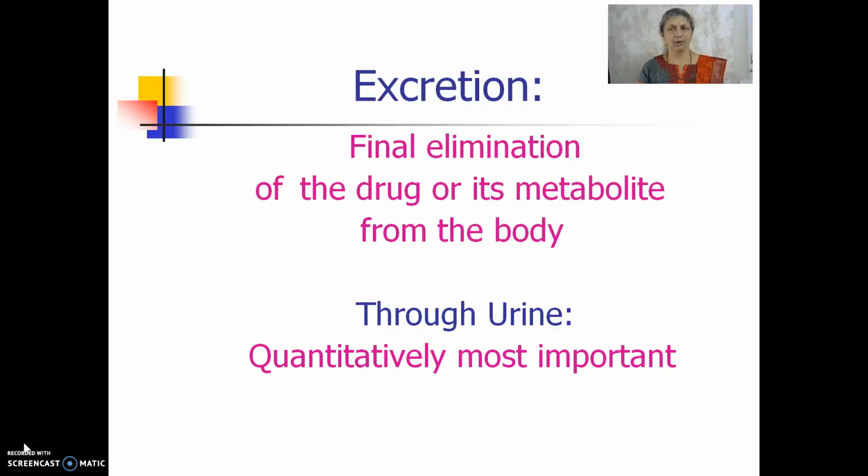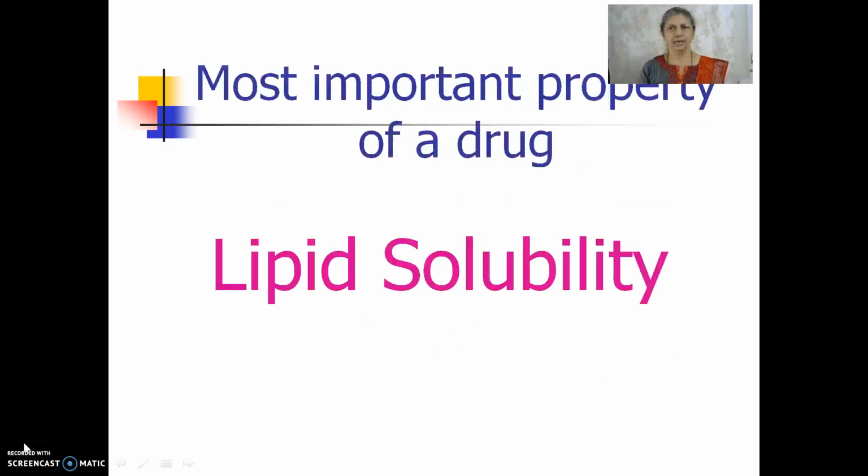So by now, you must have identified the most important property of the drug which decides its kinetics, the movement in the body, therefore also its dynamics, its ability to reach the site of action, and also body's process of eliminating the drugs. And the common attribute is lipid solubility, the most important property which decides kinetics and dynamics of any drug is its lipid solubility.